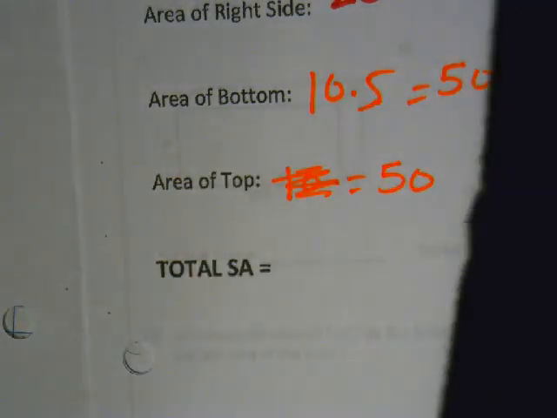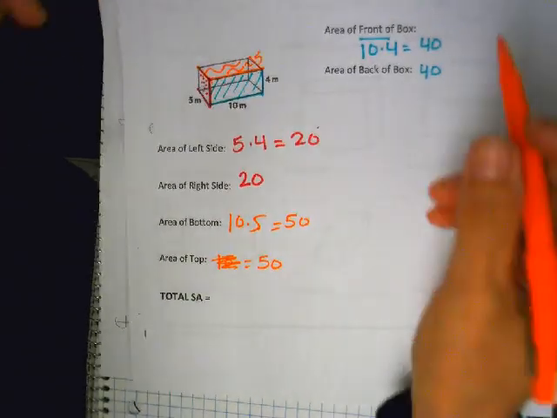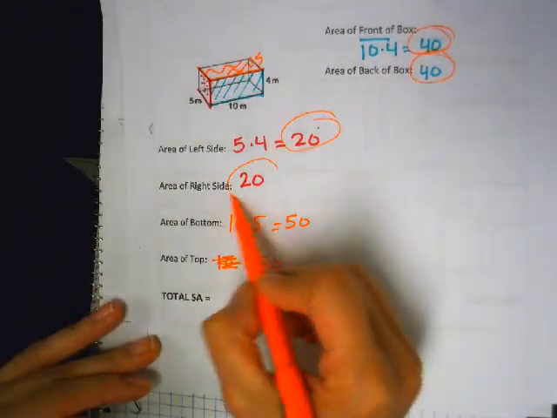Now we're going to determine our total surface area. So we have to add 40, 40, 20, 20, 50, 50.